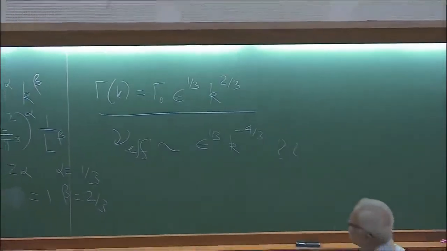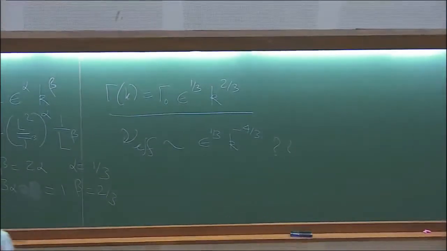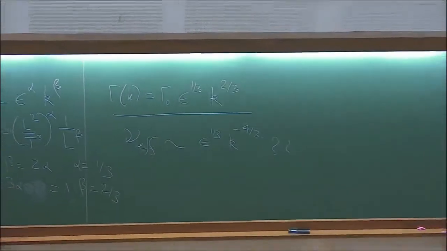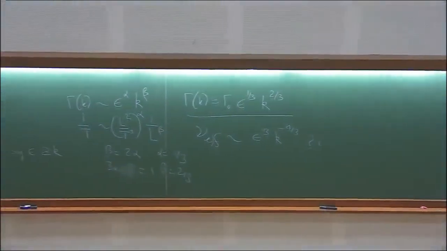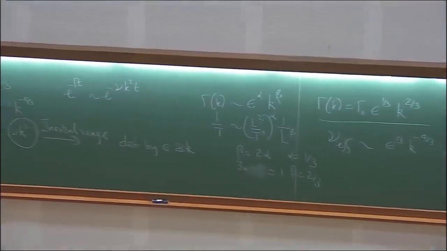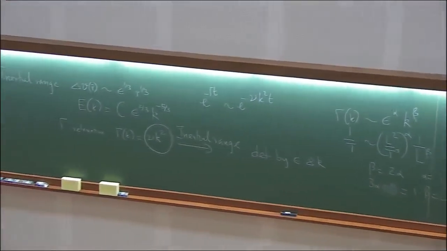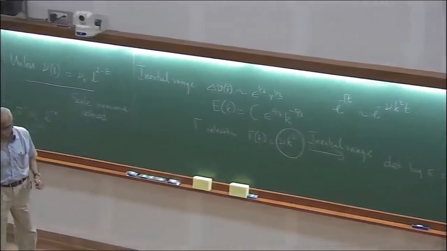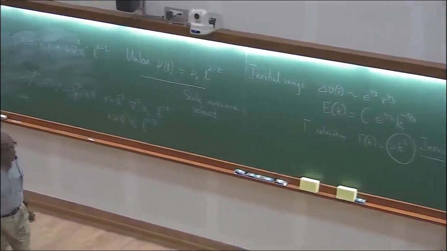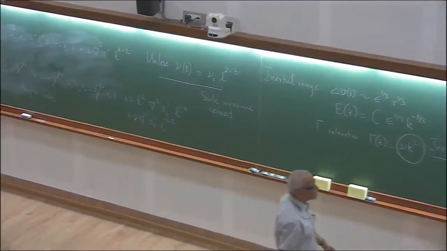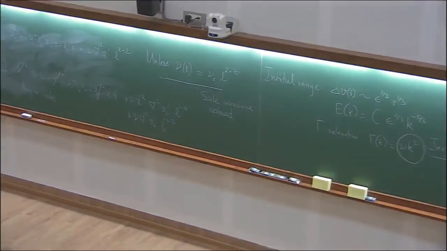All right. Now I can sort of close the loop. The scale invariance required that nu of L go like nu 0, L to the power 2 minus z. Nu effective, according to Kolmogorov, is this.